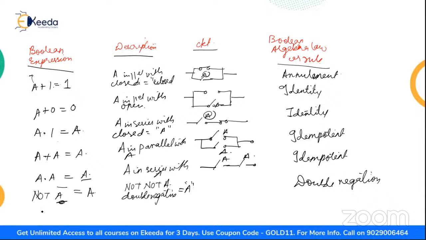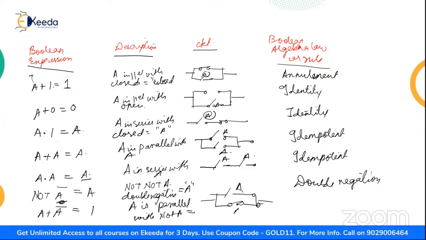Okay, A plus A bar is equal to 1. That is A in parallel with not A. Not A means A bar. So how will it look? A is an open switch, not A means a closed switch. So this is open.